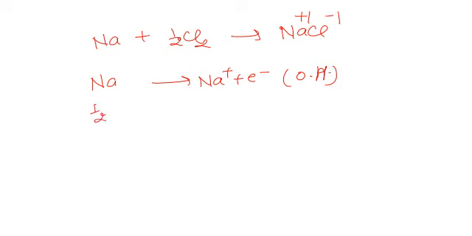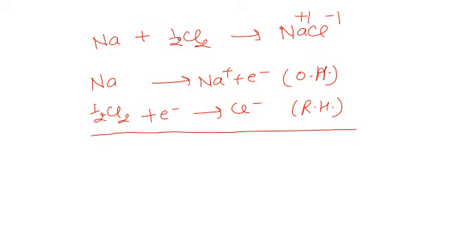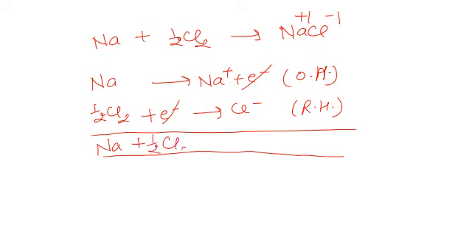Cl2 gains an electron to convert into Cl-. It is reduction, so we can say reduction half. When we write the overall reaction, electrons will be cancelled out in both halves, and this overall reaction is called redox.